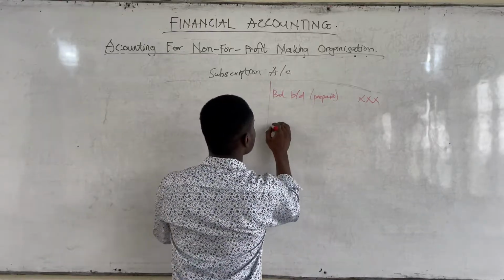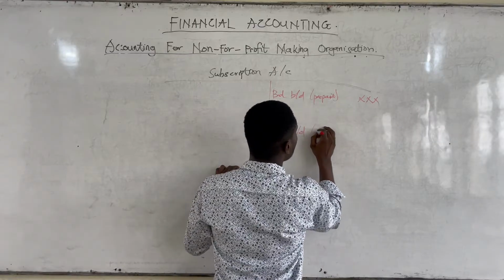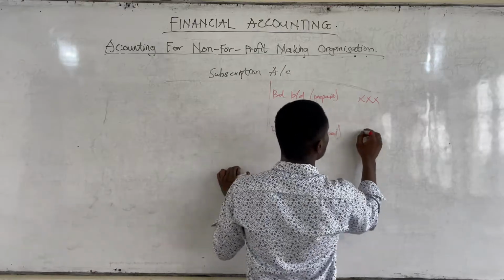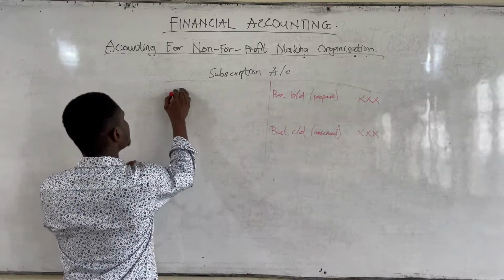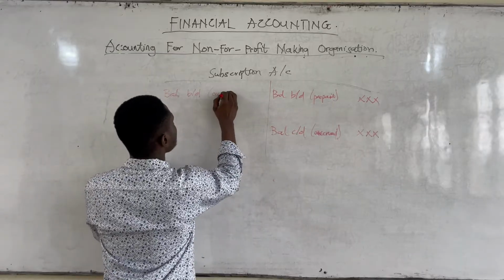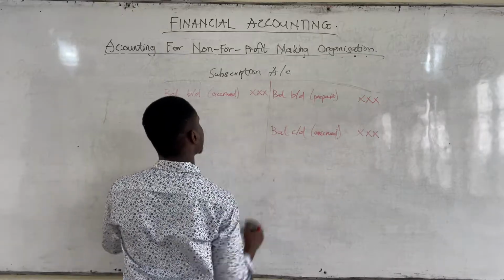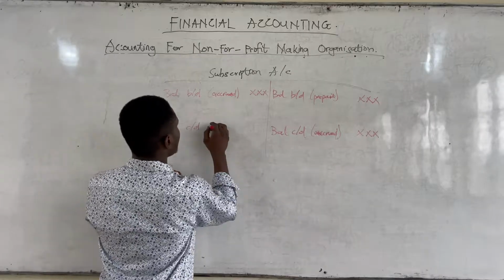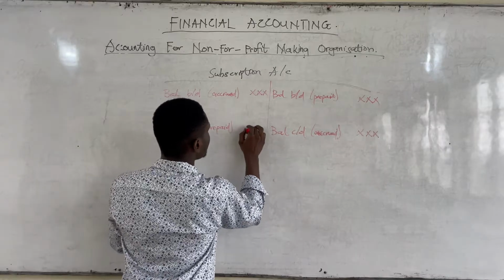Then our balance CD for owings or accruals will be here. Then our balance BD for accruals will be here. Our balance CD for prepaid will be here.